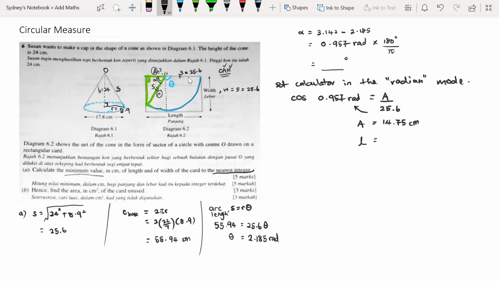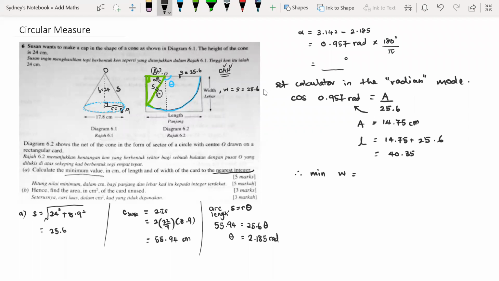All right, so with that, we can find the length. The length will be 14.75 plus 25.6. So this S here plus the A here will make up our length. Just add these two together, we have 40.35. To answer the question, the minimum W needs to be rounded off to the nearest integer.